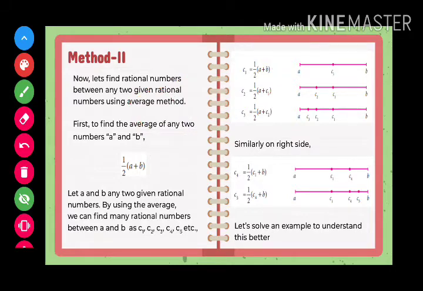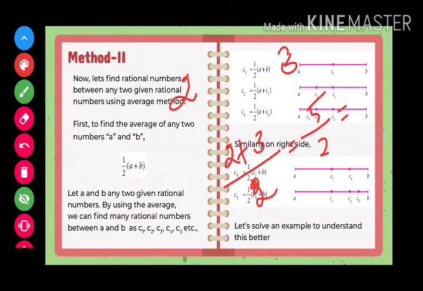Let's say I give you two numbers, the numbers 2 and 3. You have to find the average of these two numbers. What will you do? You will add the two numbers first and divide by the number of numbers. Here you have two numbers, so divide by 2. 2 plus 3 is 5, by 2 will give you 2.5.